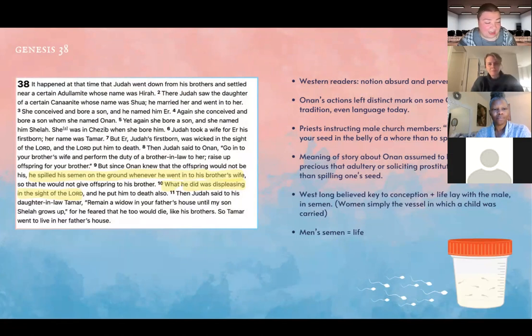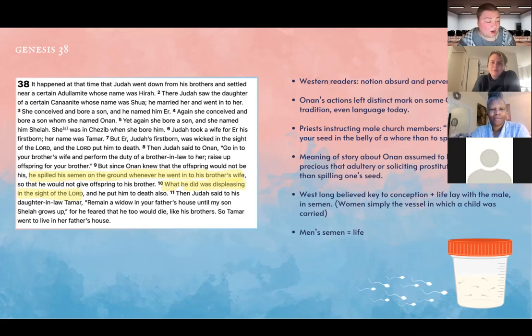And at every level, we as Western readers are perhaps left with a sense of the absurdity, even the perversion, of how this all plays out. Asking a brother-in-law to inseminate his widowed sister-in-law? What on earth?